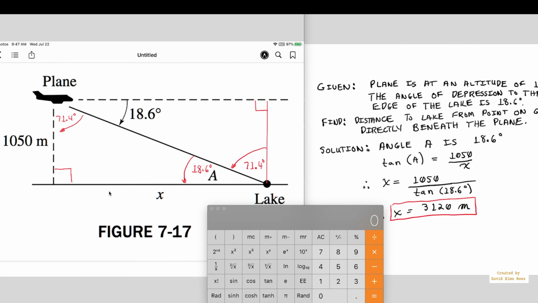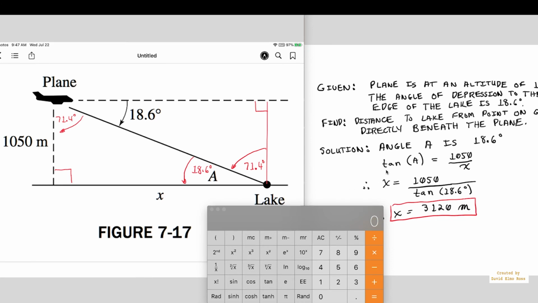Now we want to find the length here, x, which is the distance right below the plane to the edge of the lake. And if you take a look at it here, tan of A is really opposite over adjacent. So if we do that math, we can say that tan of A is 1050 over x. So therefore x is equal to 1050 over the tan of 18.6.